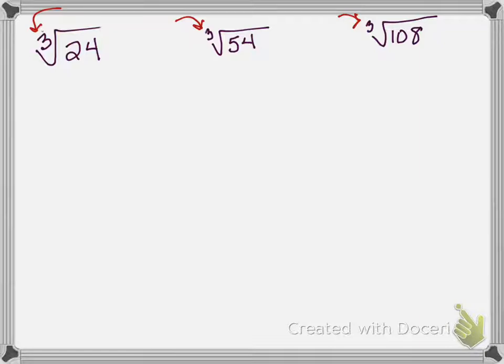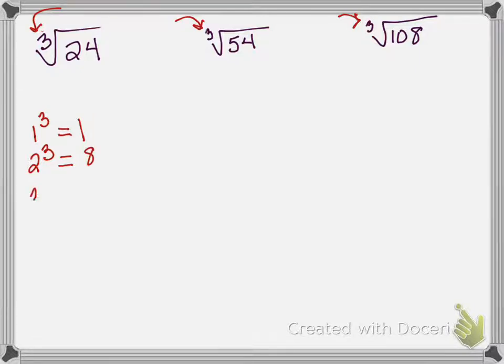Now, I want you to be aware of some of our cubes. We're going to go up to 5. So 1 cubed is 1. 2 cubed. That means 2 times 2 times 2. What is 2 times 2 times 2? 8. Okay?